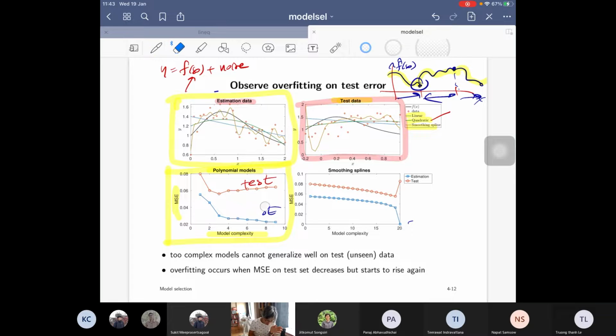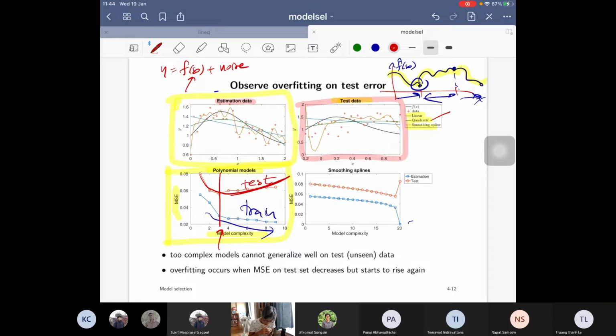Sorry, I should say train. The train MSE is always decreasing. But for the test, what do we see here? It again has a U shape. After the model complexity of about 3, the test MSE starts to rise again. And this is what we can see. You're probably observing overfitting.